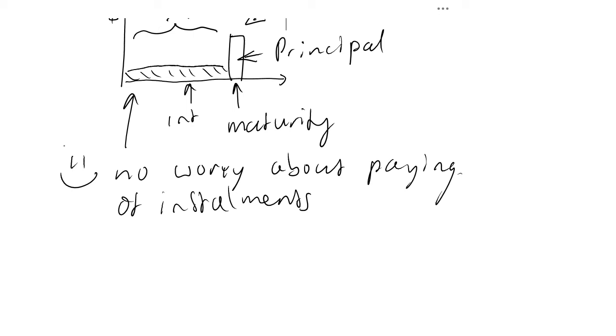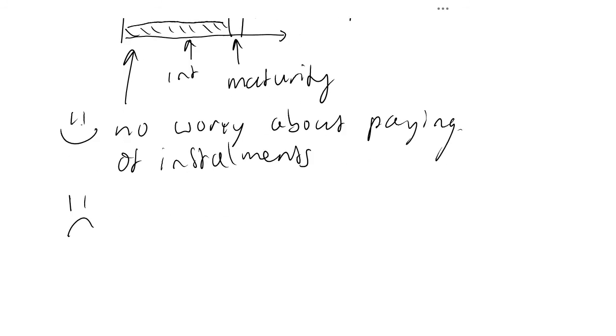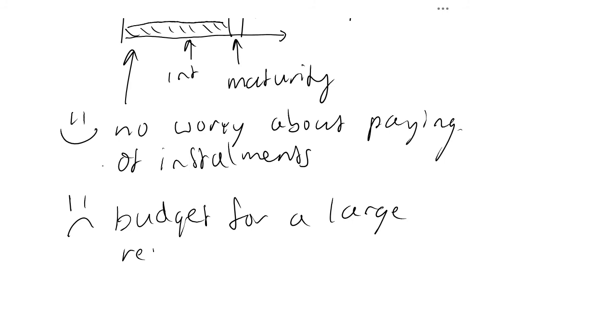However, some downsides. Obviously, when the loan comes to maturity, you have to budget a big amount to pay off the entire principal. So this is actually, in a way, the downside of a bullet loan, because you will have to budget for a large repayment amount.